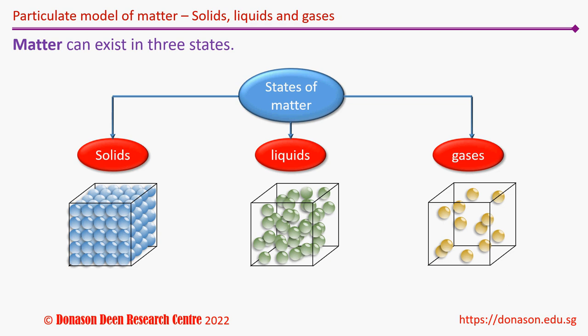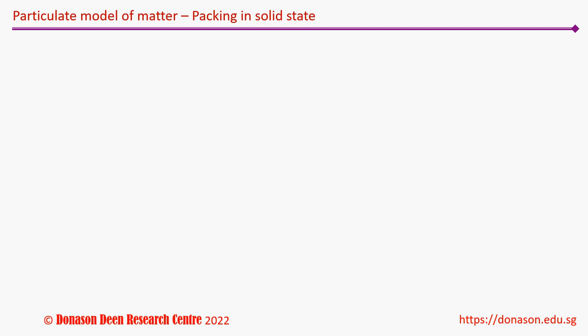And gases are something that you can only feel with your skin, or smell, but it is very hard to see. But we know that gases do exist. Water vapor is a gas, liquid water is a liquid, and ice cubes are the solid version of water. So these are the three states of matter.